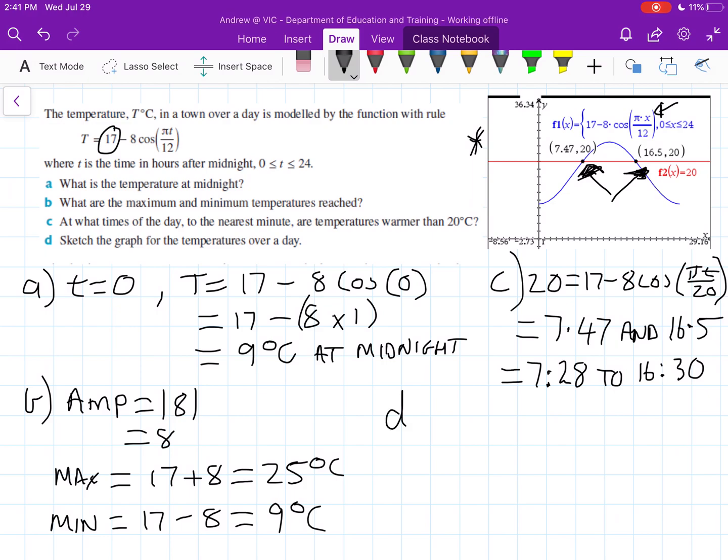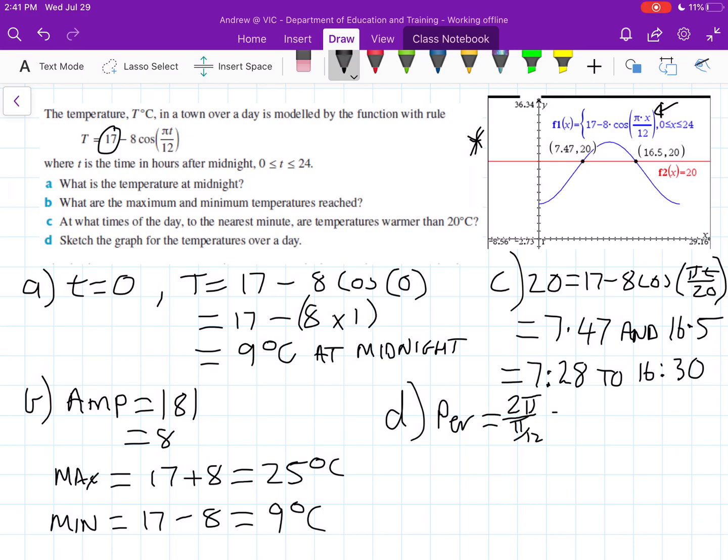So finally, we look at part D. Sketch the graph for the temperatures over the day. With this, just make sure that you work out your period. I'm not going to go through this; you've got an example up the top here of what it looks like. But you're working out your period, and this is 2 pi over b, and our b value for this is equal to pi over 12.